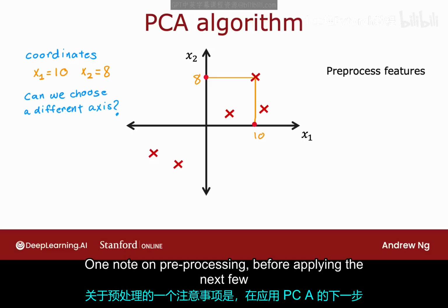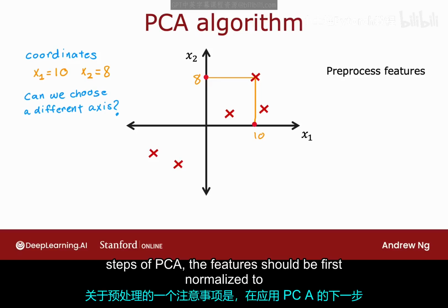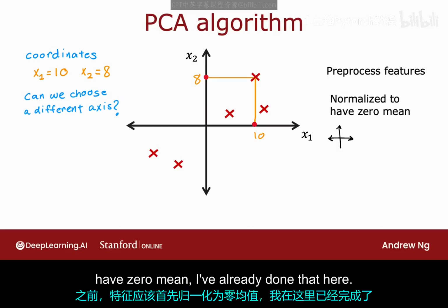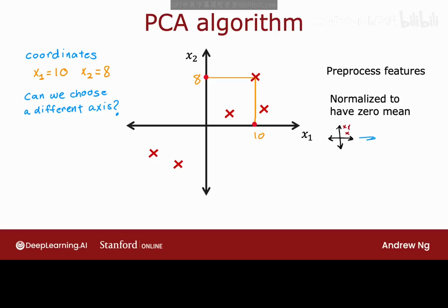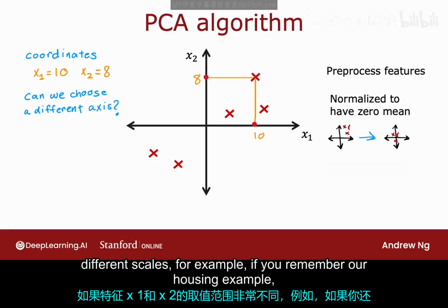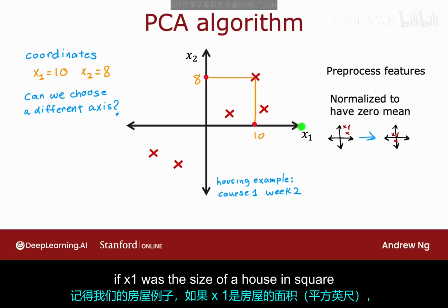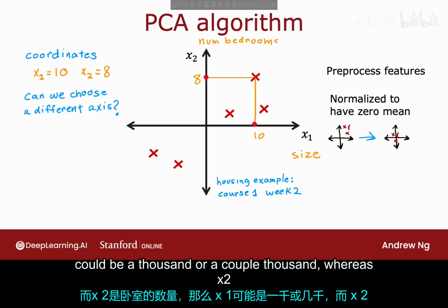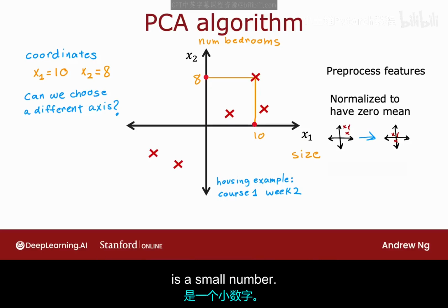One note on pre-processing. Before applying the next few steps of PCA, the features should first be normalized to have zero mean, and I've already done that here. And if the features x1 and x2 take on very different scales, for example, if you remember our housing example, if x1 was the size of a house in square feet and x2 was the number of bedrooms, then x1 could be 1,000 or a couple thousand, whereas x2 is a small number.